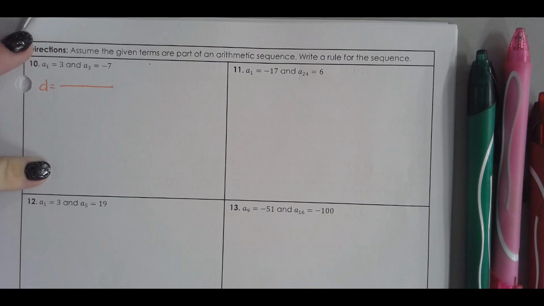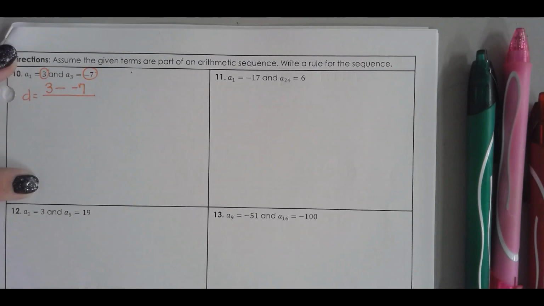You're going to subtract the big numbers, 3 minus negative 6. And on bottom, you're going to subtract equal numbers, 1 minus 3. That's negative 7. 1 minus 3, negative 2.